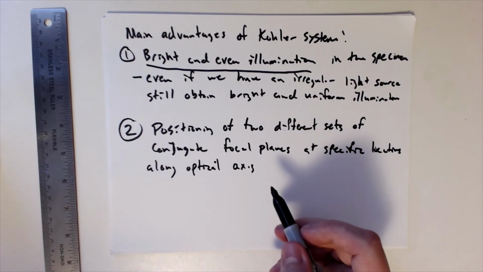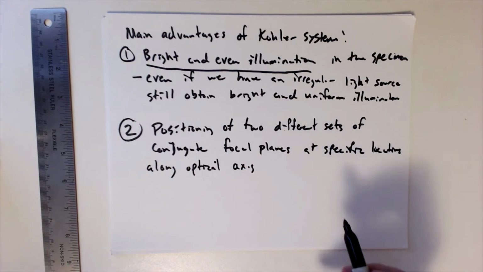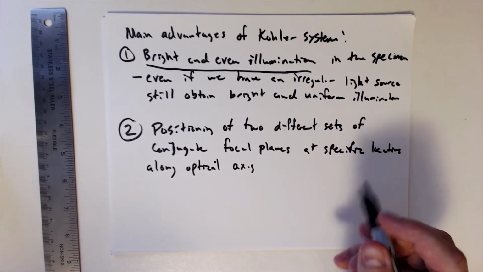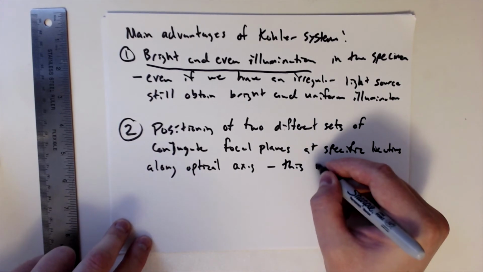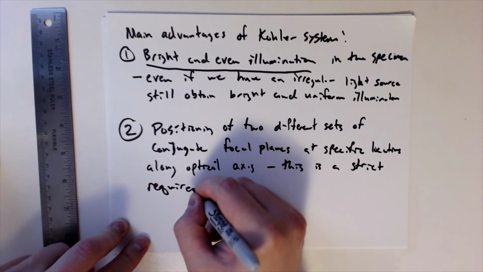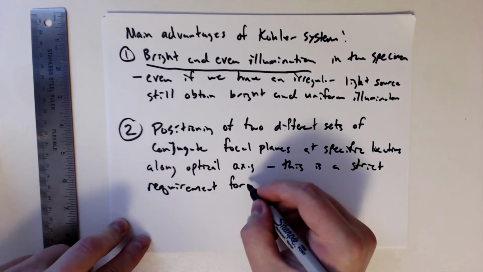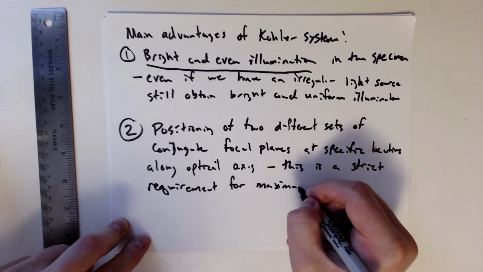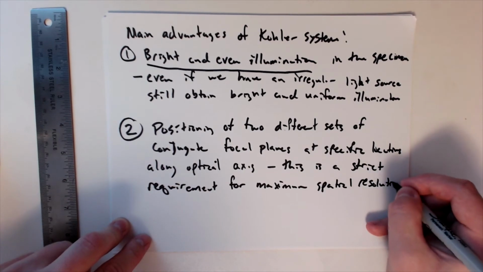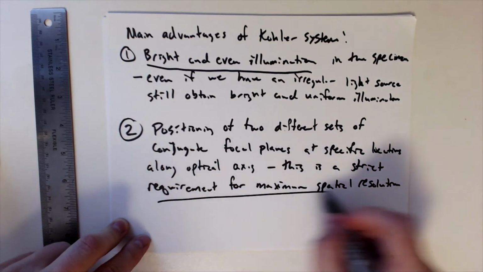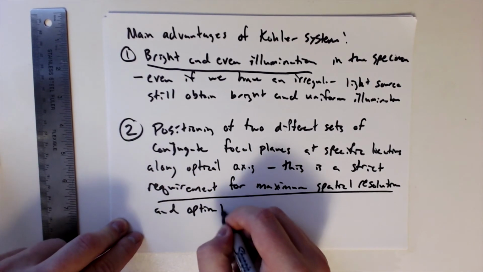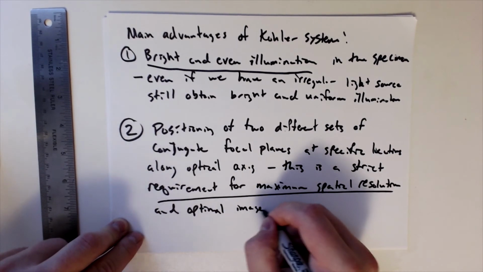So basically the positioning we have here with these two different sets of conjugate focal planes at specific points in the optical axis, this is a strict requirement for maximum spatial resolution, and therefore optimal image formation.